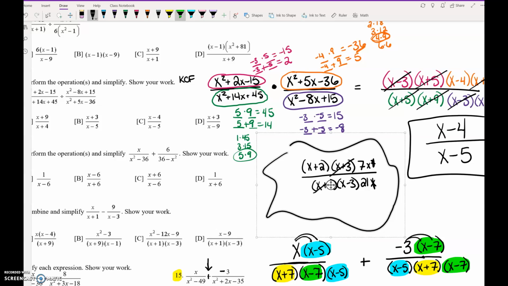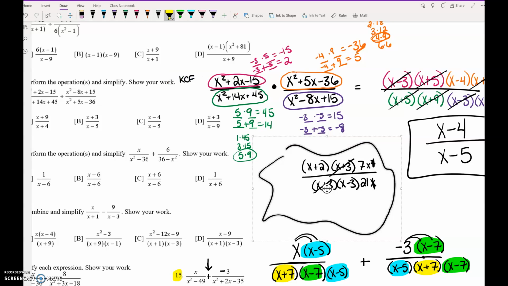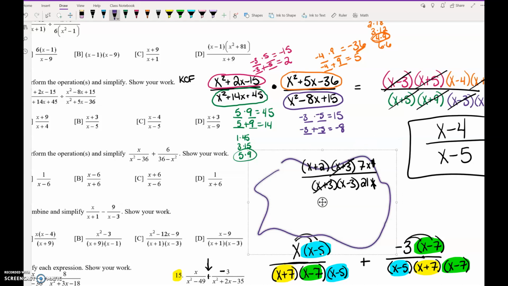And then 7 over 21 is not that. 7 over 21 is like its own fraction that you can simplify. So we can take 7 and divide it by 7. Oh my gosh, that's so annoying. We can take 7 divided by 7 to get 1, and 21 divided by 7 to get 3.